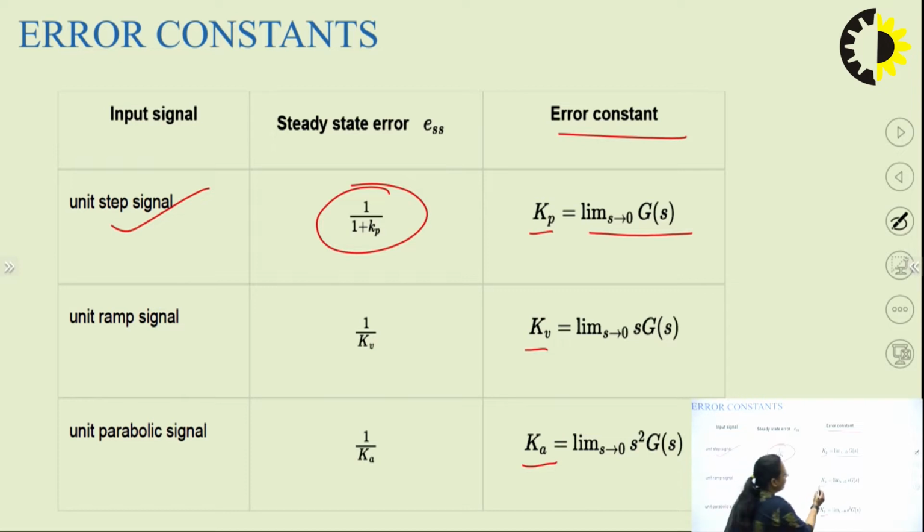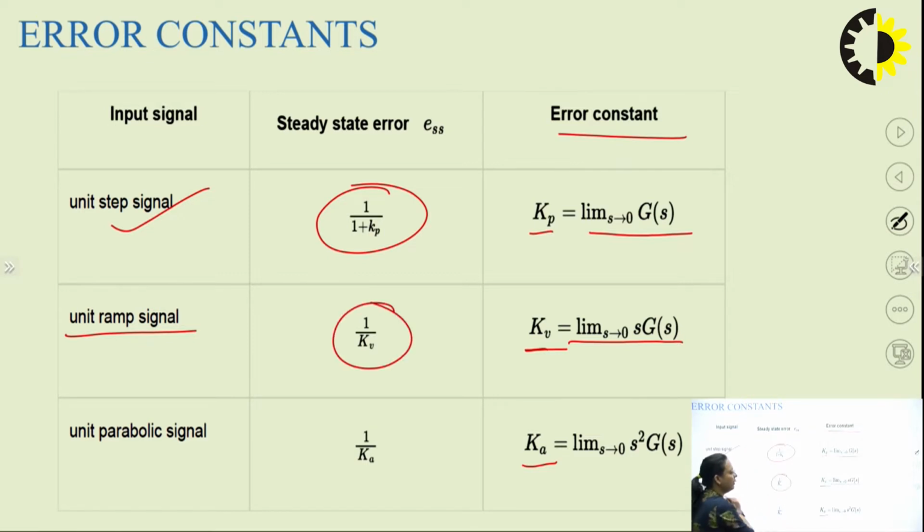The velocity error coefficient is applied to systems which have a unit ramp as the input, and the value of this velocity error constant will be limit s tends to 0 of s into G(s). The corresponding steady state error will be 1 by Kv.